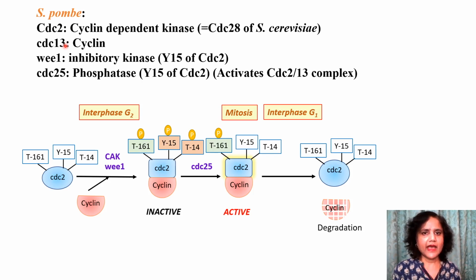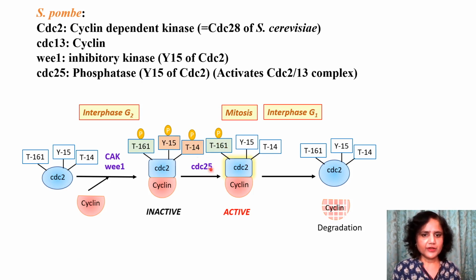The CDK activating enzyme is known as CAK, the CDK activating kinase, and it phosphorylates the CDK at threonine. This is not regulated in the same way as the inhibitory phosphorylation. Now, the CDK-cyclin is activated by the removal of the inhibitory phosphorylation by CDC25.